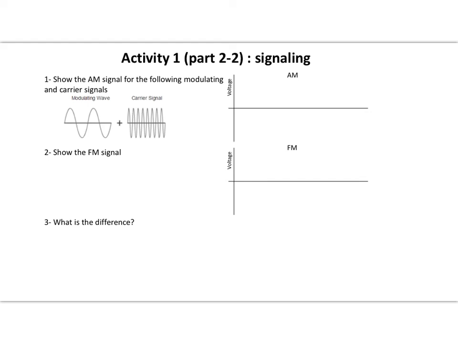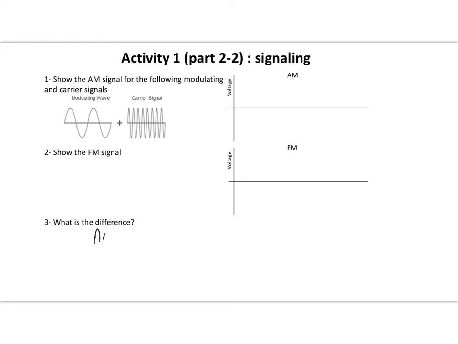So the difference here is somewhat easier because for amplitude modulation, the frequency of the carrier signal stays the same, but the amplitude changes. Okay, so the difference here, we know it.